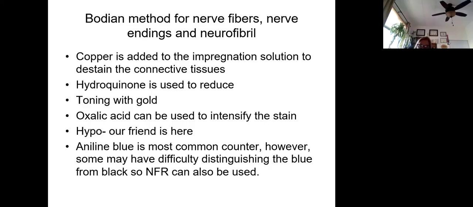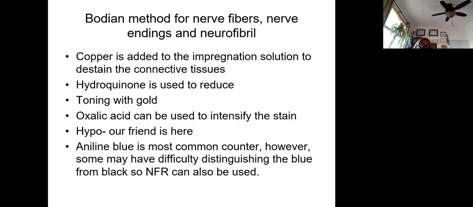Hydroquinone is used as a reducing substance, and hydroquinone is that carcinogen. We're going to tone with gold. Oxalic acid is used to intensify and bring up that stain level. Then we use hypo, our friend. And counterstaining, again, is up to your pathologist, but the most common is aniline blue.